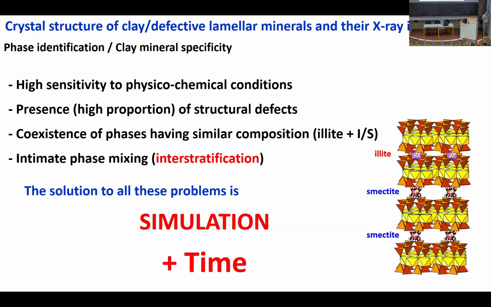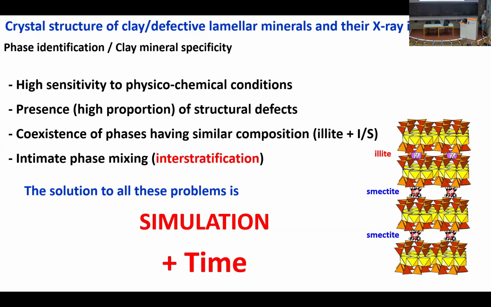And if you want to have a thorough identification of the mineral present in your system, in this case, probably the best solution is to compare what you have measured in your sample and what you think you have in your sample through simulation.